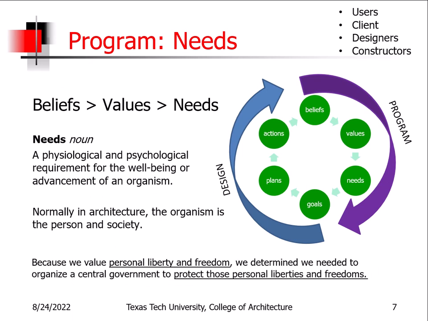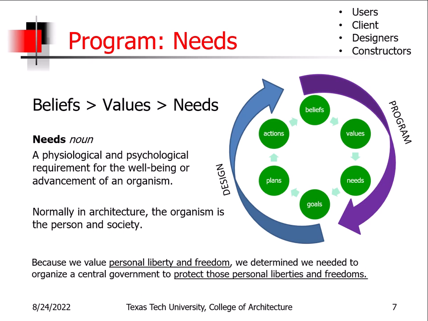So from beliefs and our values, once we value something, if we go back to that, we find this something intrinsically important, then that creates needs, a physiological or psychological requirement for the well-being or advancement of an organism.